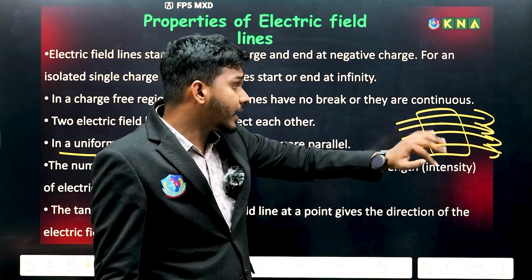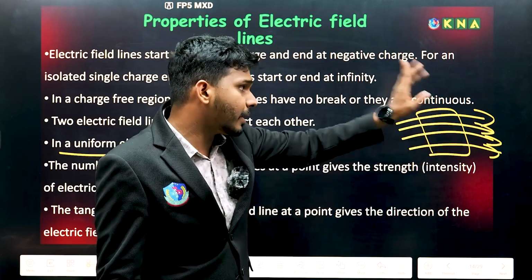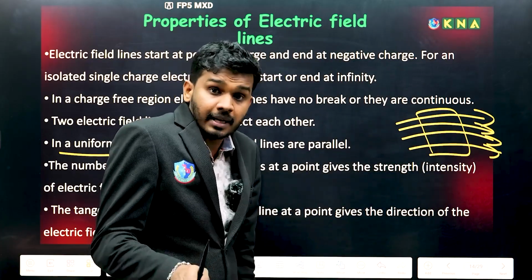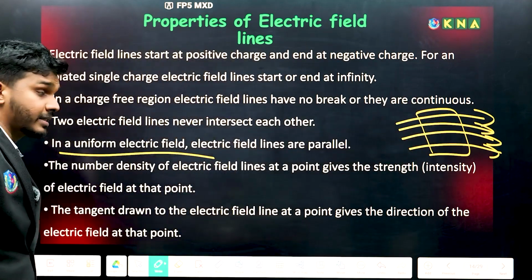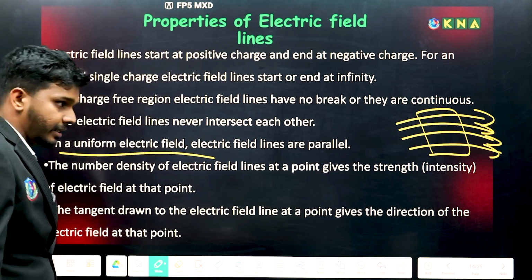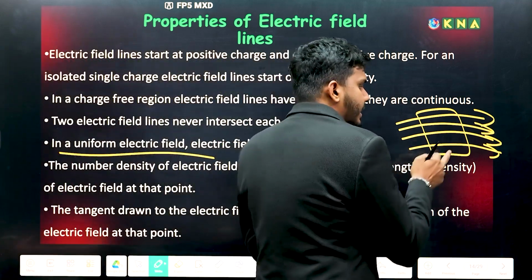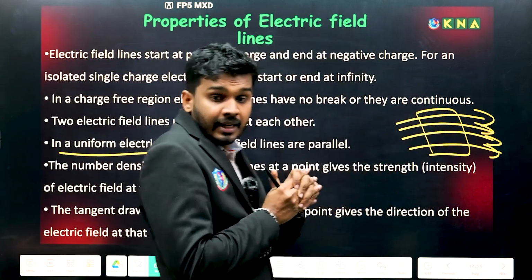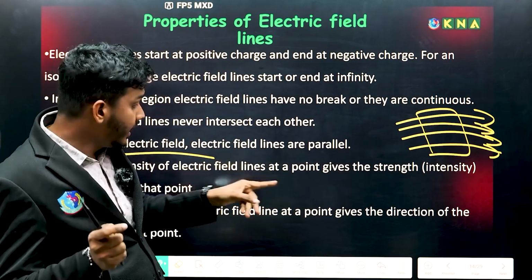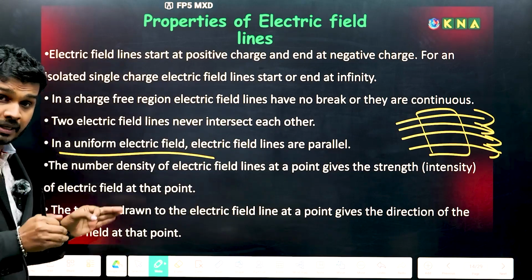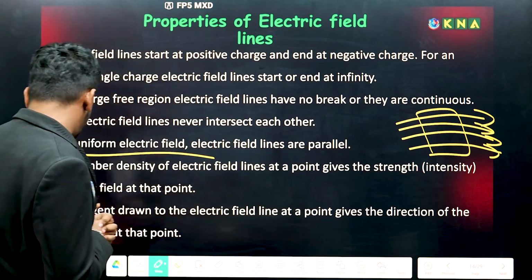The number density of electric field lines gives the intensity of the electric field.